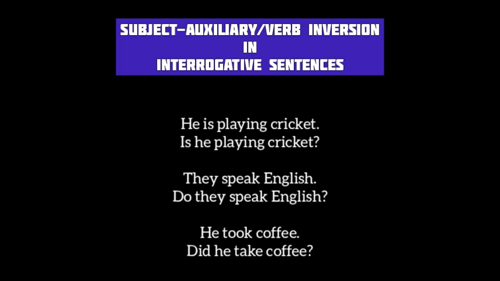Do they speak English? In the next example, the verb took is in the simple past tense without any auxiliary verb before it. Now remember, in an interrogative sentence of simple past tense, the subject is inverted with the auxiliary verb did. So here we are putting the auxiliary verb did before the subject he to ask a question. This is an example of inversion.